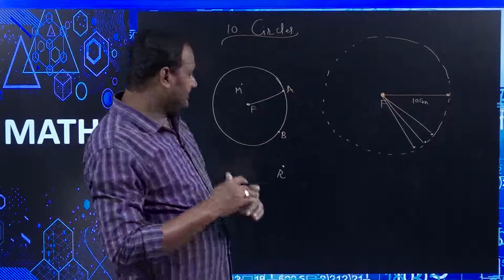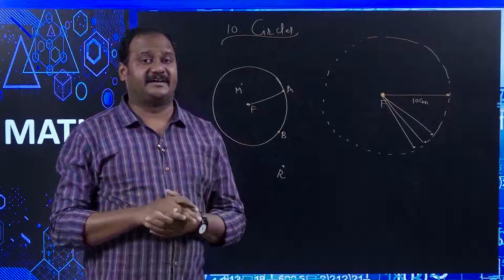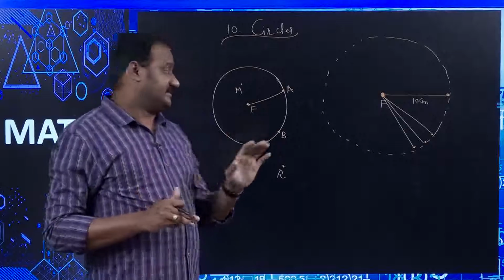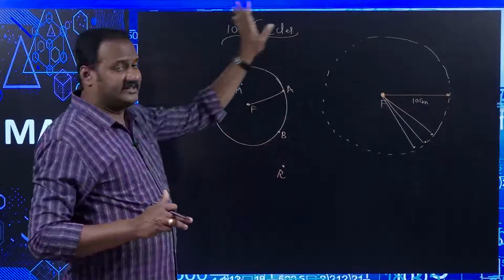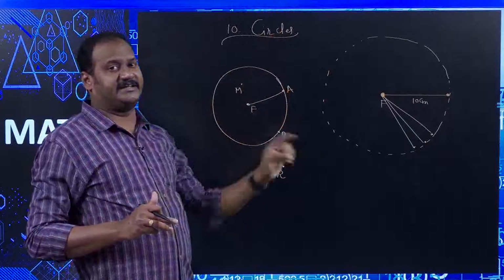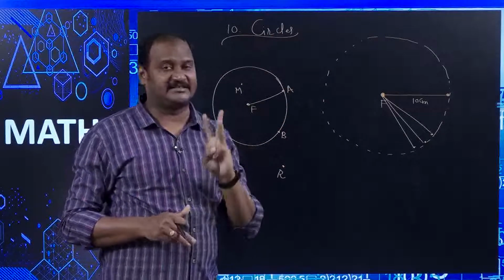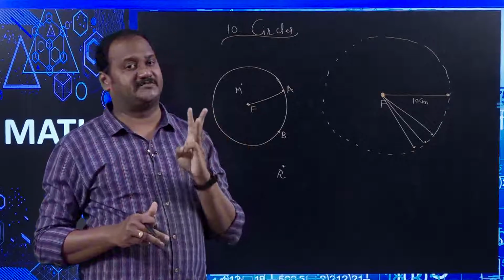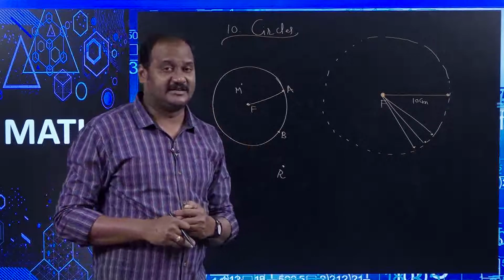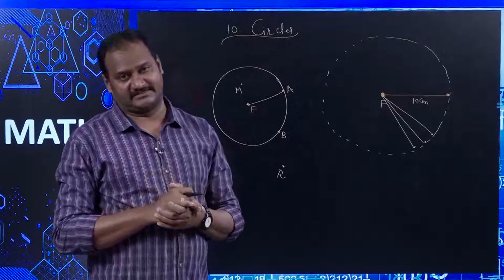So the plane is divided into 3 mutually disjoint sets of points: points lying outside the circle, points lying on the circle, and points lying inside the circle. These three are mutually disjoint sets of points. Now I have a question. The question is: does the center of the circle belong to the circle or not?